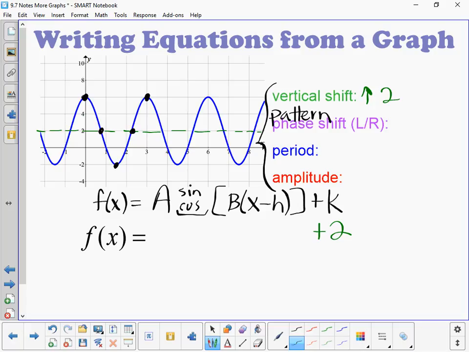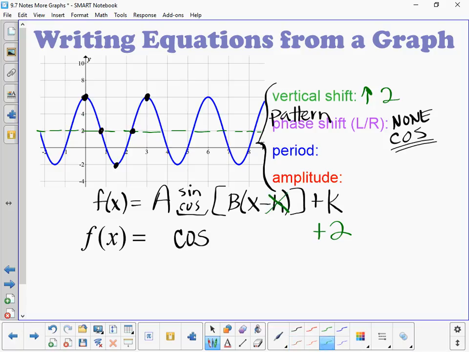Now, I didn't necessarily have to identify those 5 points. I could have identified something else, but that looked like a good choice to me because that allows me to say that there's no phase shift and that this is going to be a cosine function. So we won't have a phase shift because of that pattern that I chose.